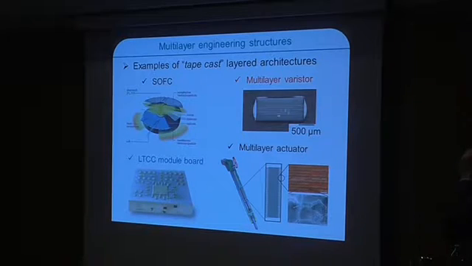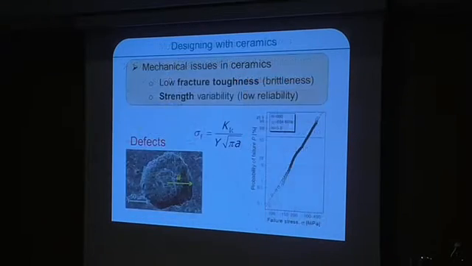You have some very small multi-layer varistors or piezoelectric actuators for common rail injection systems, or you have in your cell phone these printed circuit boards made of layer materials, layer ceramics, together with metal electrodes. So in many cases we find application of layer structures.